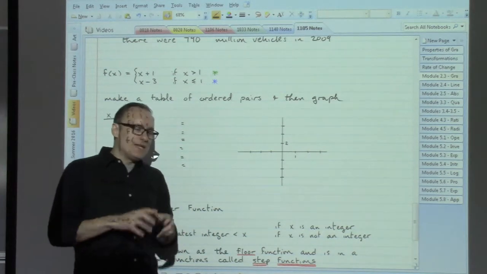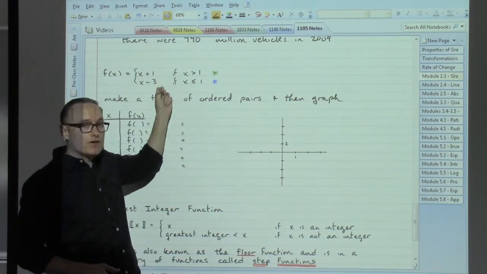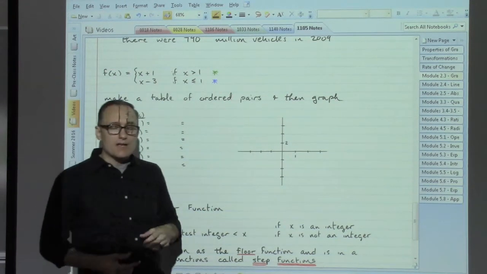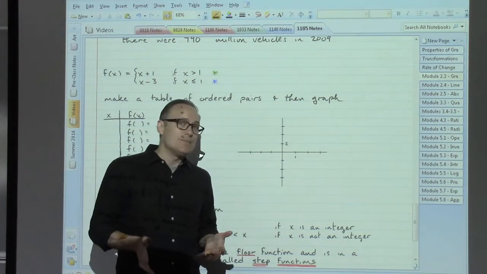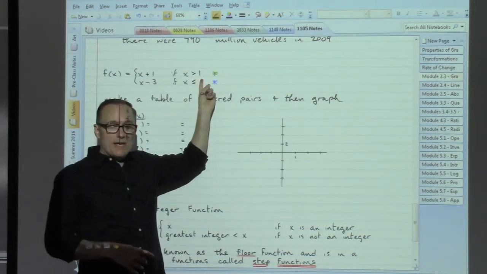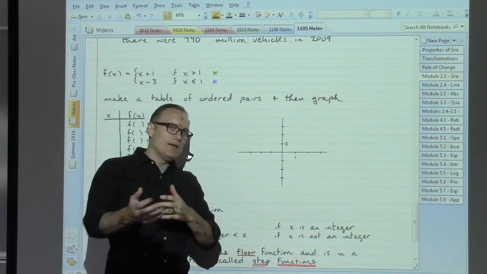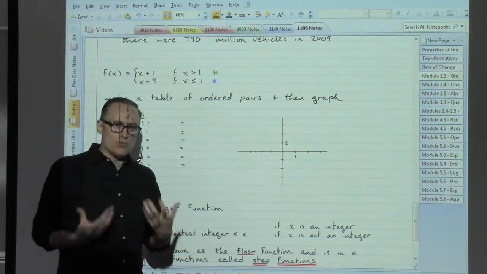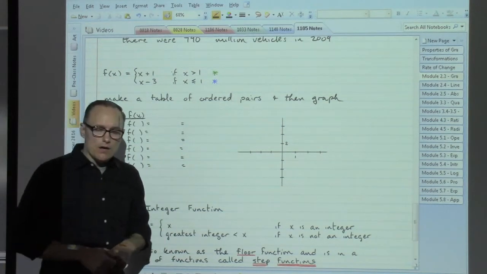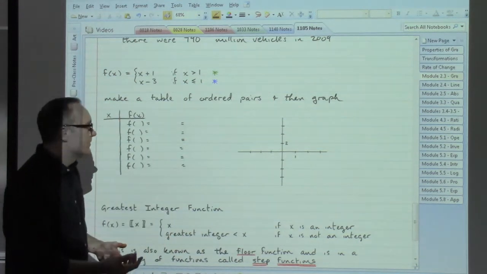So what we could do is say, if I've drawn the entire first function and the entire second function, what parts would need to be erased so that I am only using them based on the conditions we've been given? So either way, you might want to approach the task of graphing these piecewise defined functions. It's entirely up to you.